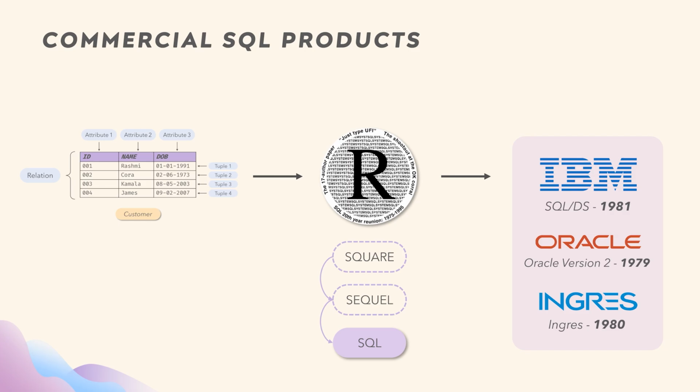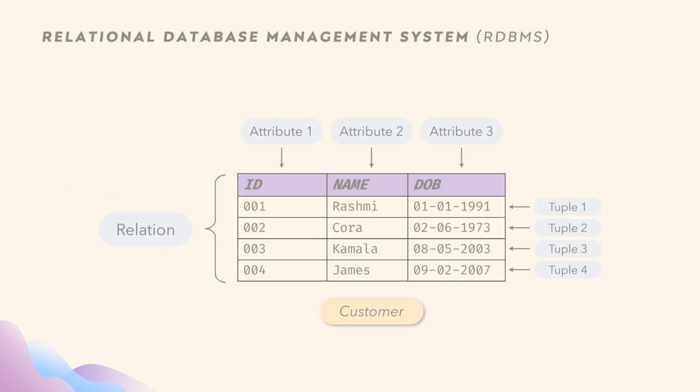These systems that more or less implemented Codd's ideas are what were called relational database management systems. Instead of the academic mathematical language used by Codd, data structures in these commercial systems were given more practical, intuitive names. Relations became tables. Attributes became columns.